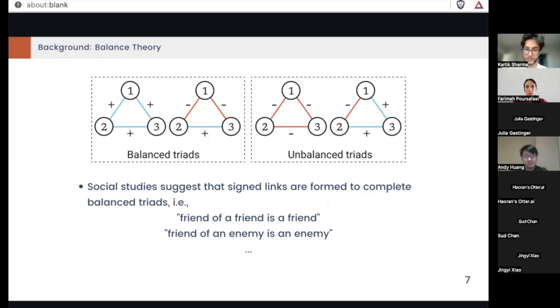They may not. Interactions are still like 1-2, 2-3, or 1-3. But we still want to exploit it, because we don't have enough negative links to learn this prior from the data itself. So we want to exploit it in the model itself as an inductive bias. Does that make sense? Yeah, cool.